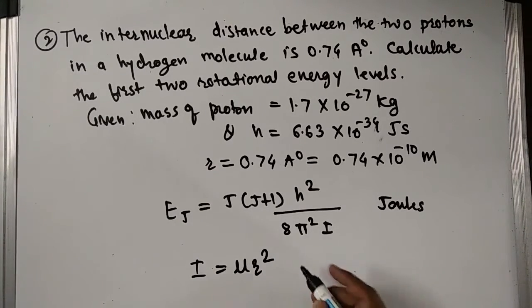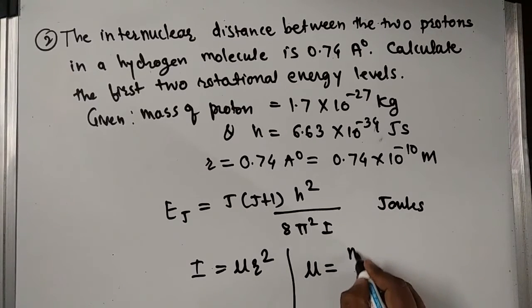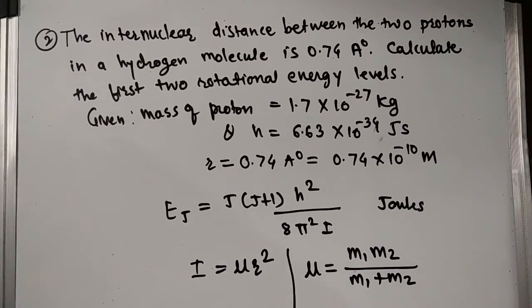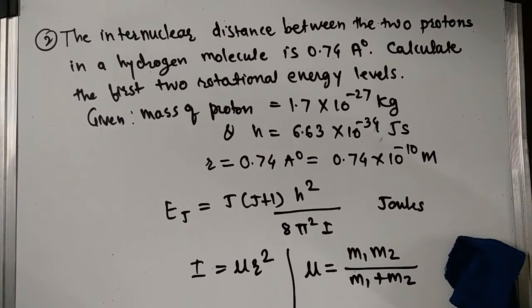So let us first calculate mu. This mu is given by m1 into m2 upon m1 plus m2. Here both the atoms are hydrogen, so we will calculate the reduced mass first.